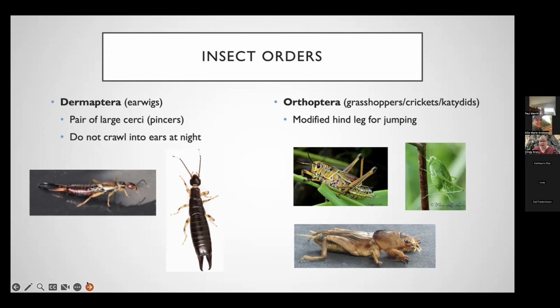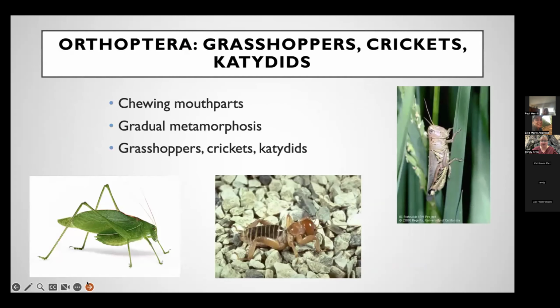Yes, these insects are damaging to crops. They eat leaf tissue, sometimes to such an excess that it affects the crop itself. Grasshoppers, crickets, and katydids have chewing mouth parts and they go through gradual metamorphosis. We're going to cover what all this means and its implications in later slides.